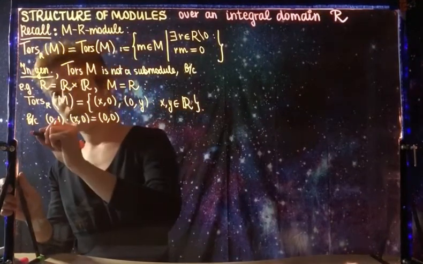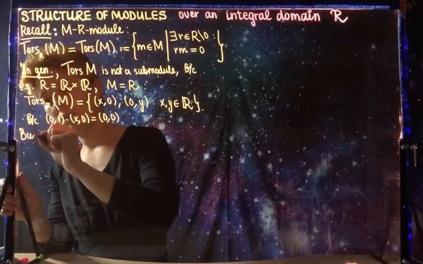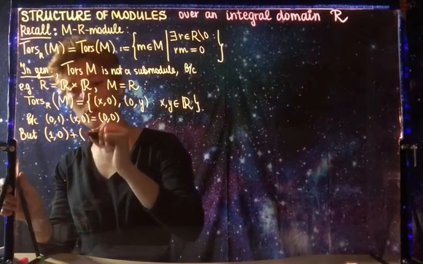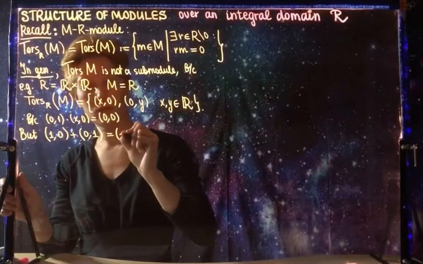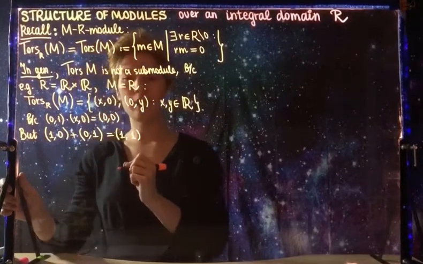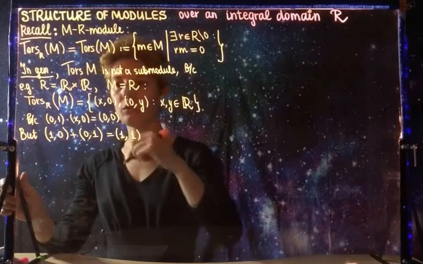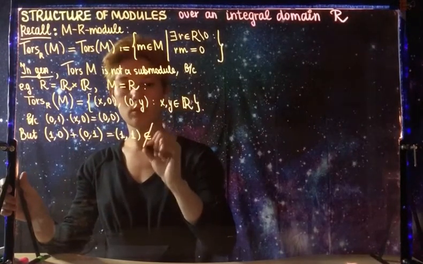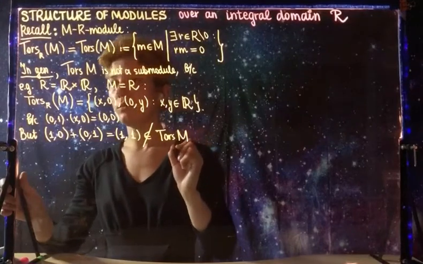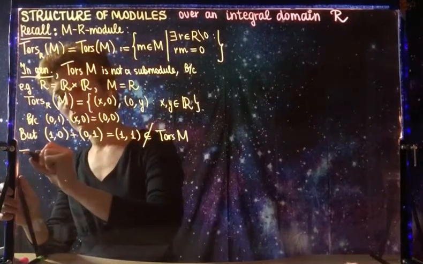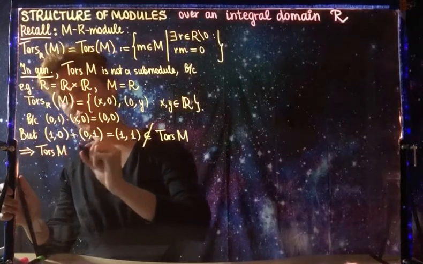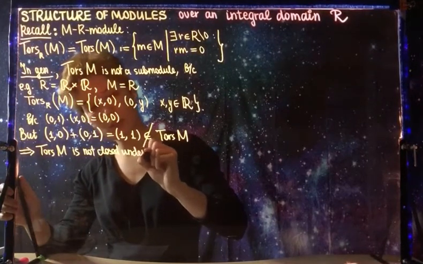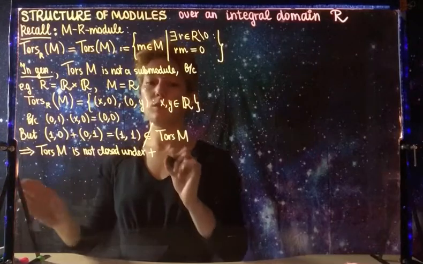But the sum of these two torsion elements, (1, 0) and (0, 1), is not torsion anymore, because (1, 1), whatever you multiply it by, you get a non-zero element in M. So this is not in Tors M. So Tors M is not closed under addition, and so it is not a submodule.